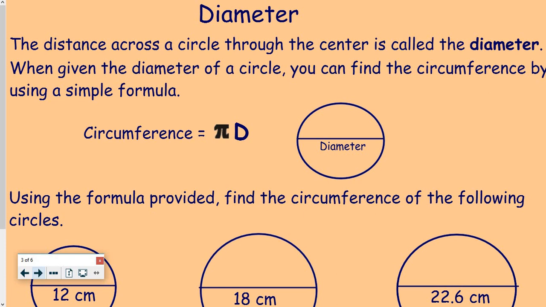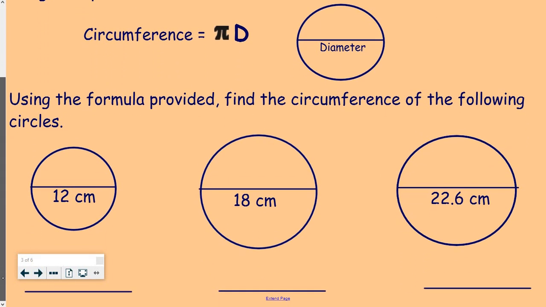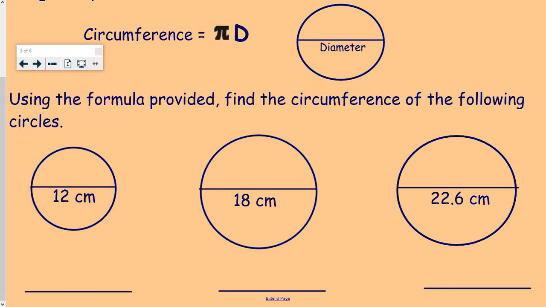That's just manipulating the formula, you can figure out the circumference equals pi d. So using the formula provided, pi d, let's find the circumference of this circle.